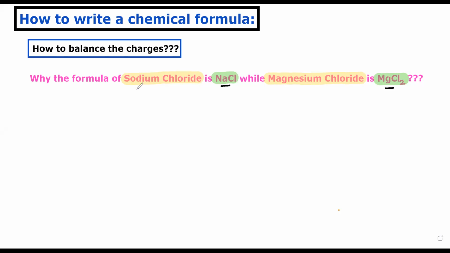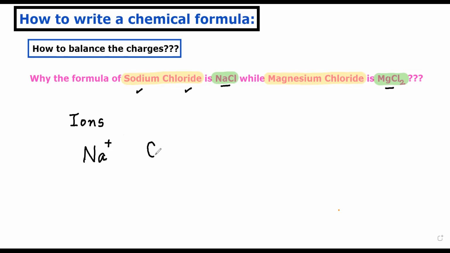When we are talking about sodium chloride, let's write the ions. Sodium is Na+. Plus means plus 1 because sodium belongs to group 1, so its charge is plus 1, which it gains after losing an electron.